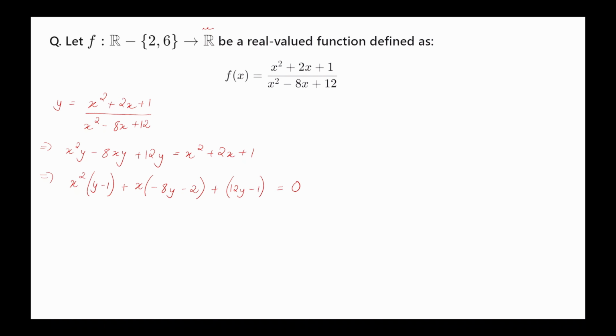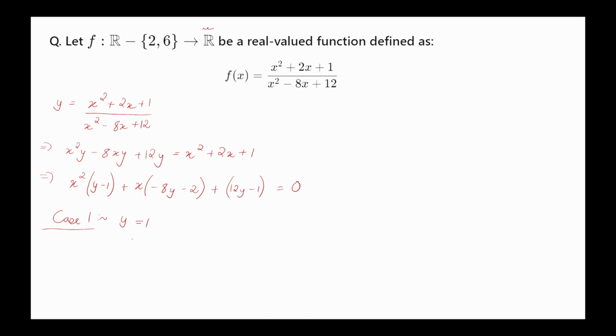If my y is 1, my coefficient of x square would be 0. Let's say if it had been y minus 2, then I would take my first case y is equal to 2, and my second case would be y not equal to 2. So basically my motive is, in the first case I want to make my coefficient of x square 0. So that is why I take my case 1, and my first case is y is equal to 1.